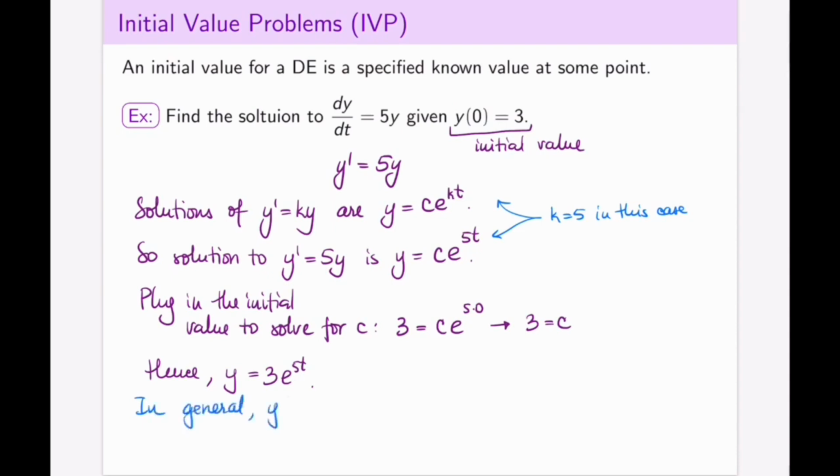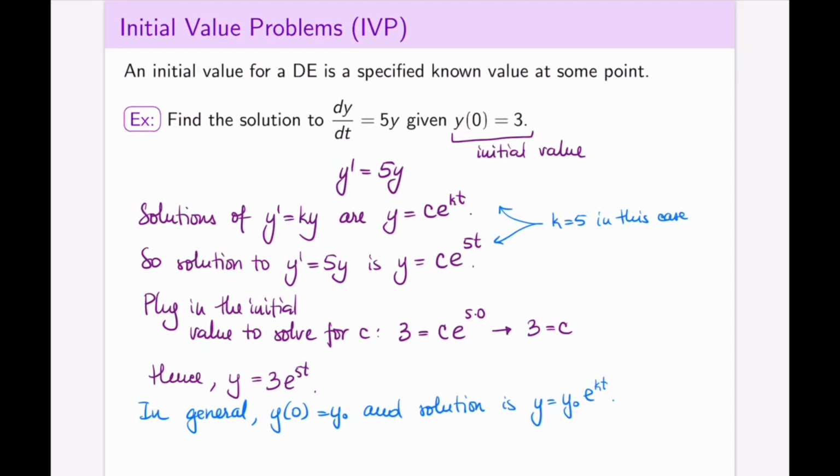In general, y of 0 is what we call y naught, the starting value, and then the solution can be written as y equals y naught e to power kt. So instead of writing this c down, that might or might not be the actual value at 0, I know that if I have the value at 0, that is simply the constant in front of my equation.